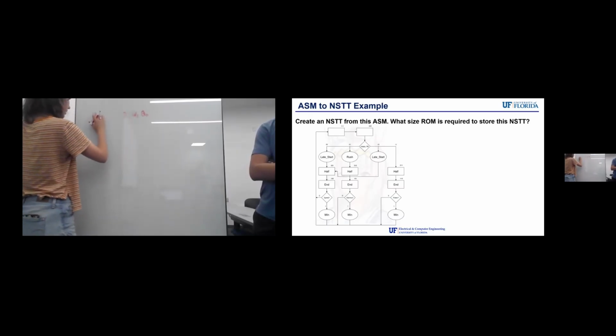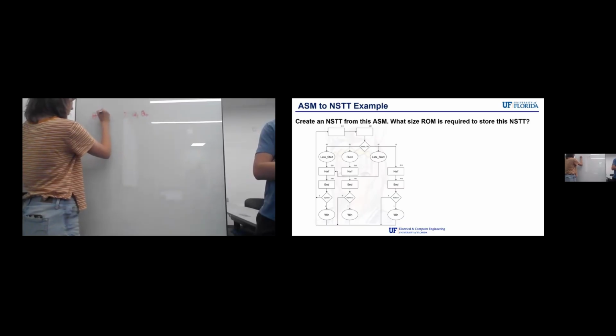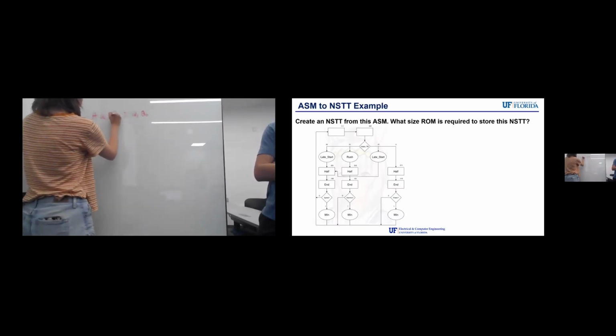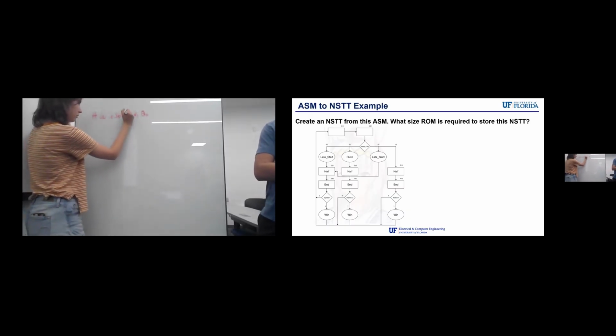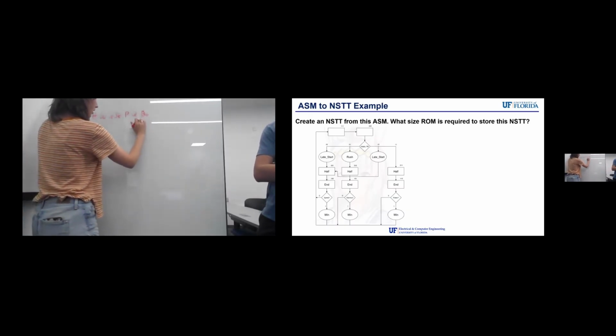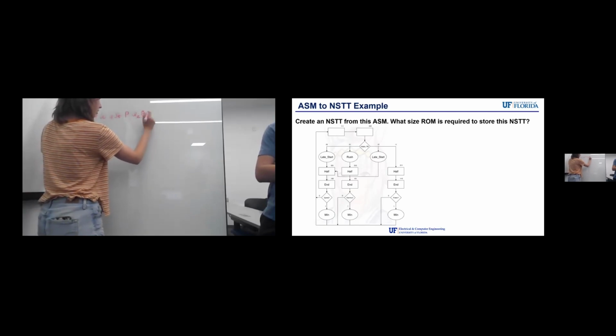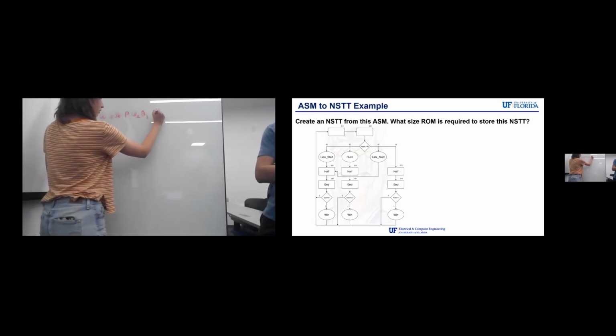So happy is going to be H, wit is going to be W, speed is going to be SP, stamina is going to be ST, and then power is going to be P, and then we have Q2, Q1, Q0.